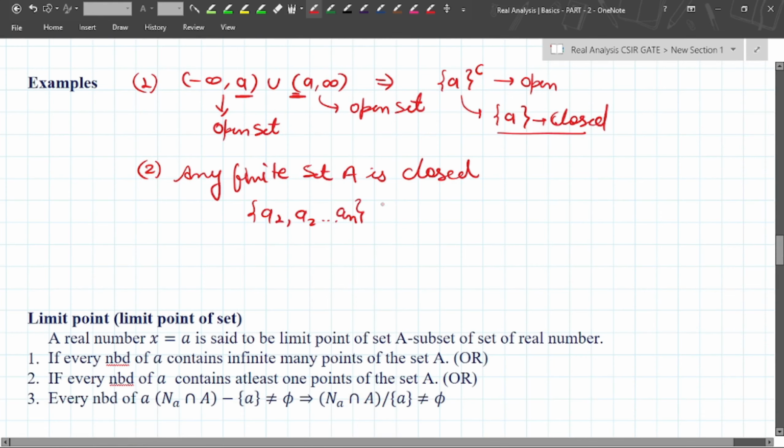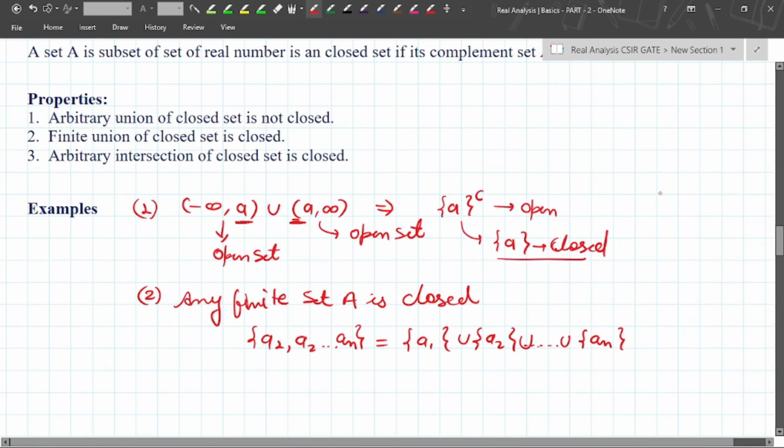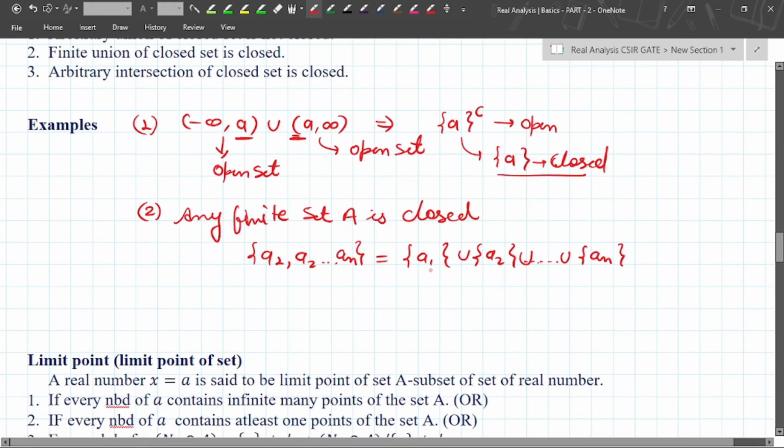Now I can write it as A1 union A2, union up to An. Now, what is the property of a closed set? Finite union of closed sets is a closed set, and this is what we are taking, the finite union of closed sets. See, this is a singleton, this is closed, this is again closed. These all are closed, so we can say this finite union must be a closed set.